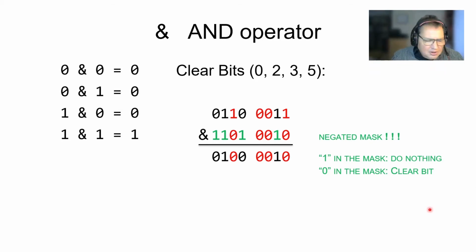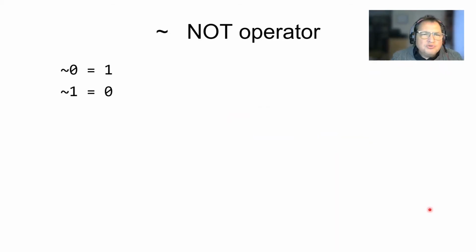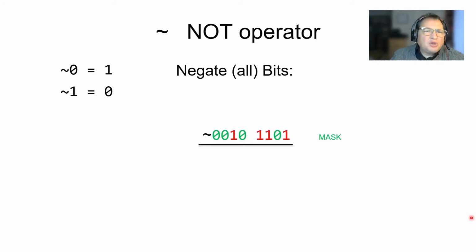Yes, we do. This is the not operator. Not operator, like in not 0 is 1, not 1 is 0. We can use this operator to negate all bits, for example, to negate all bits in our mask.